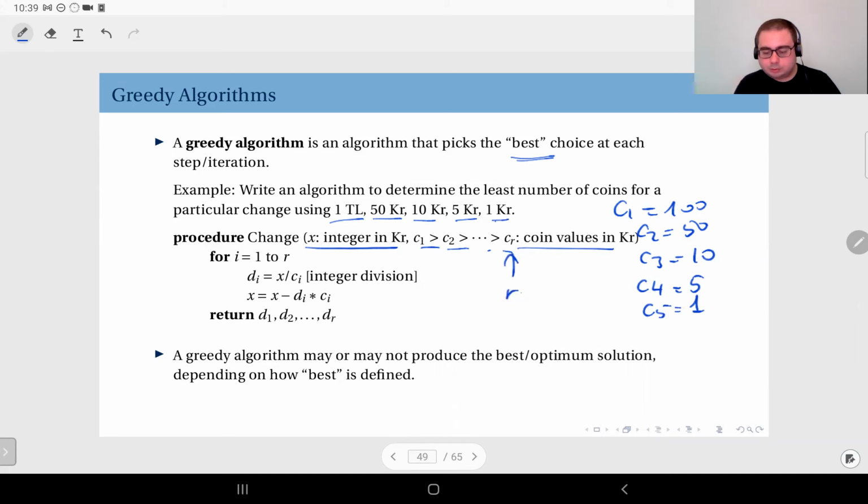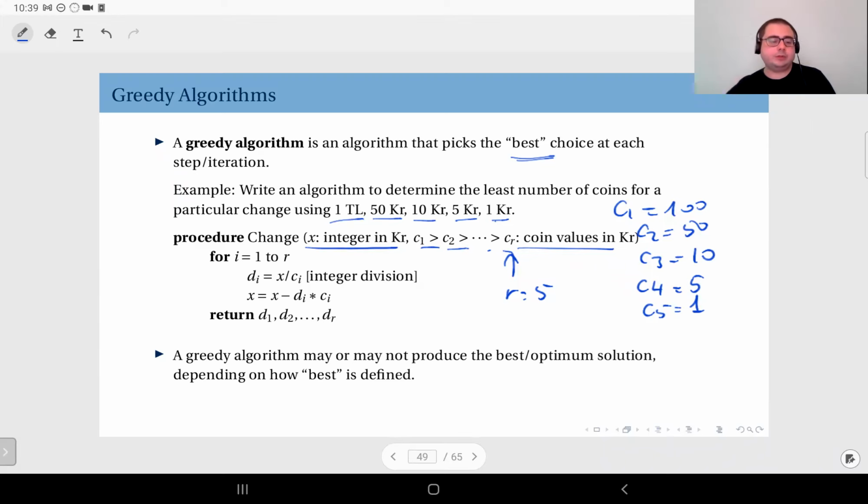So R would be 5 in our example, but it doesn't have to be exactly that. This algorithm is more general than that. If you have a set of unusual coin denominations, you can again use this algorithm to produce it.